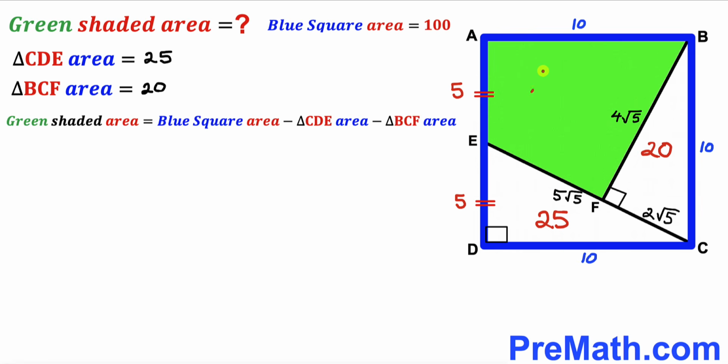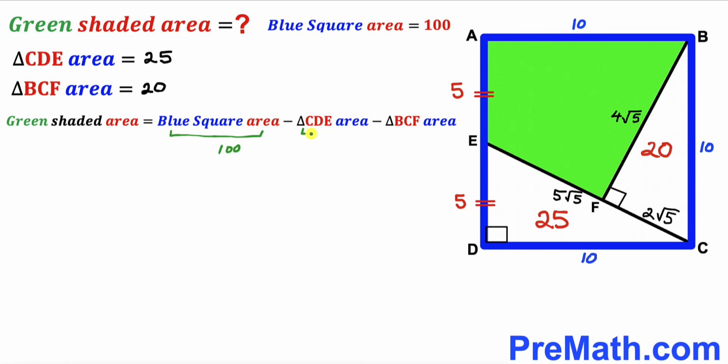Now we are going to calculate the area of this green shaded quadrilateral. And let's recall this equation once again. The green shaded region area equals the blue square area minus the triangle CDE area and minus the triangle BCF area as well. We know our blue square area is 100.